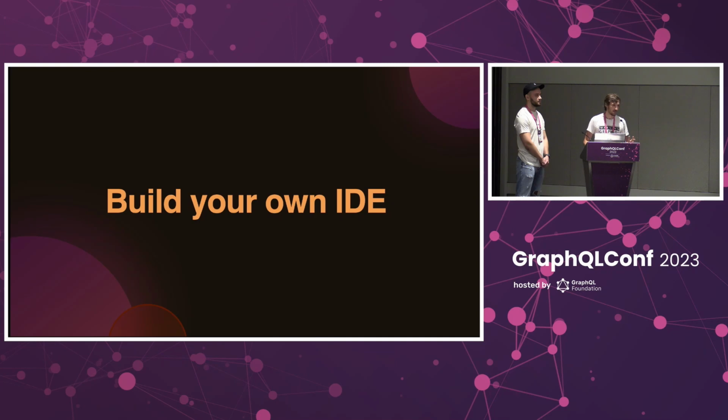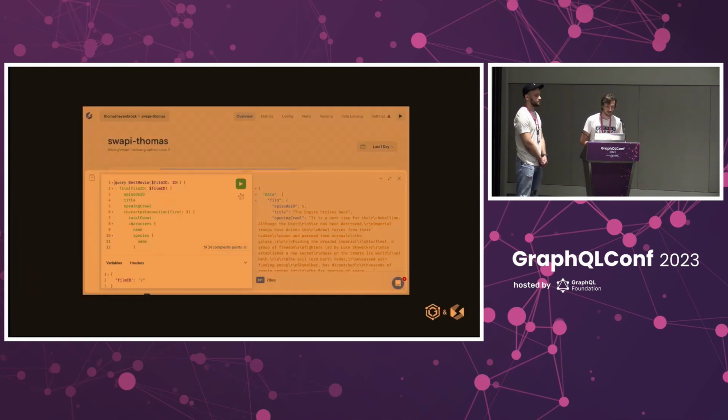So maybe to give you an example of what you can do with this. One example of what we did at Stellate, you can see here in the screenshot. We wanted to have, in our dashboard, an IDE which was very lightweight, but integrated, so that people can run some queries right from within the dashboard without having to leave our dashboard UI. And so that's what we were able to build.